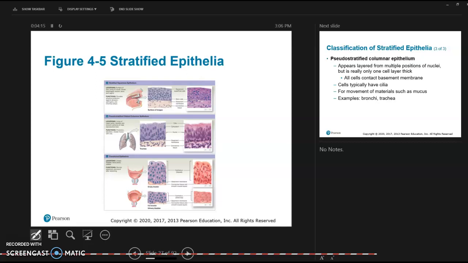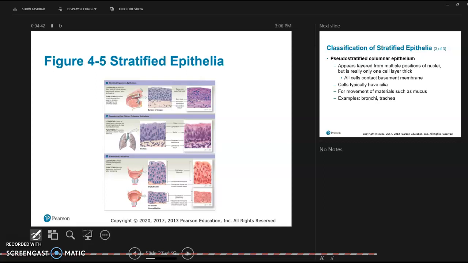So it's really just a single layer of cells that has the appearance of being layered. The top portion, the apical portion, is lined with cilia, because in the airways, that cilia is helping to sweep mucus up and out of the airways so that you don't get lung infections like bronchitis and bronchiolitis.